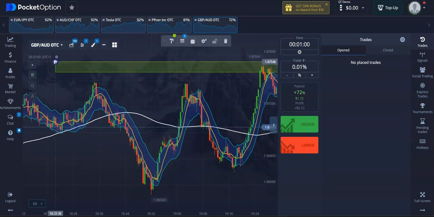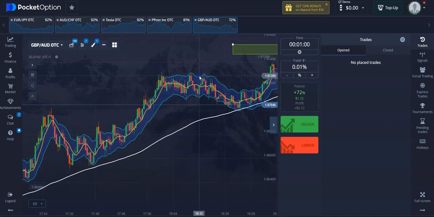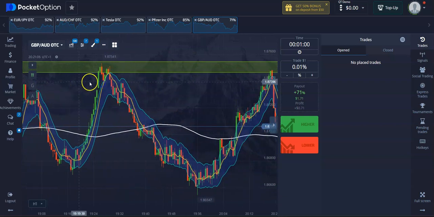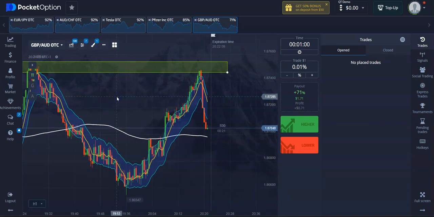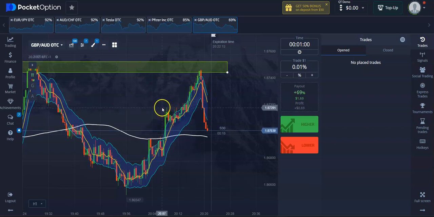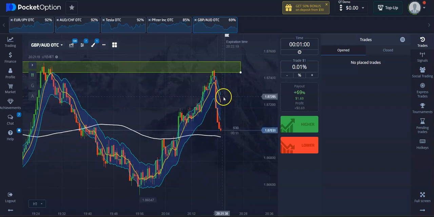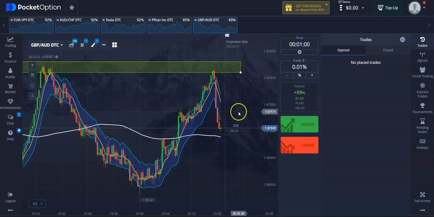Okay, so it didn't quite get there, but it was close. So if we did our technical analysis properly, okay, we would be able to see that over here would be the end of the line, and from there price would reverse.